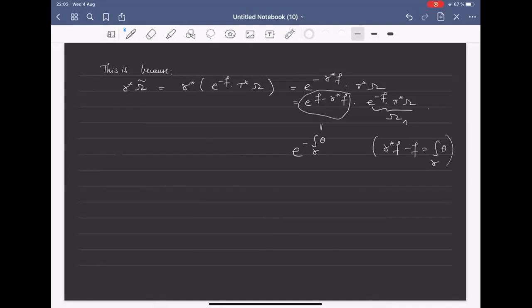So this is a positive constant. This is C gamma.